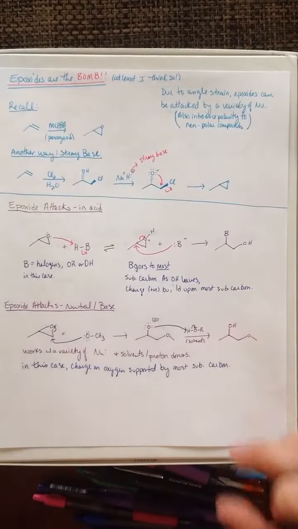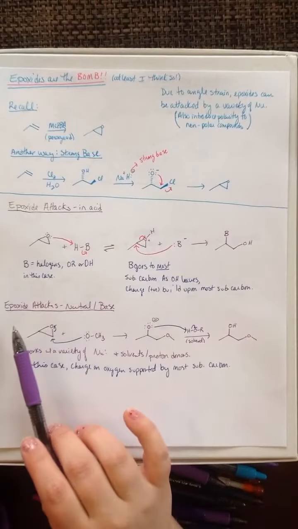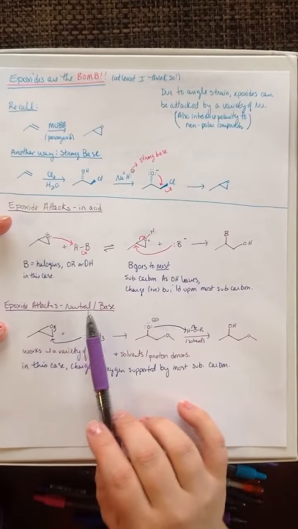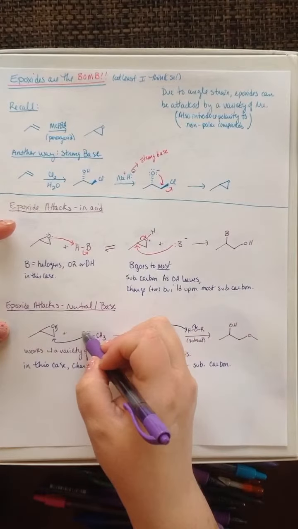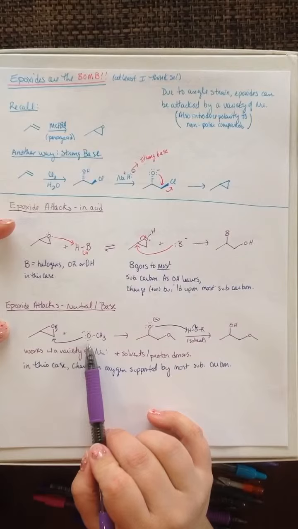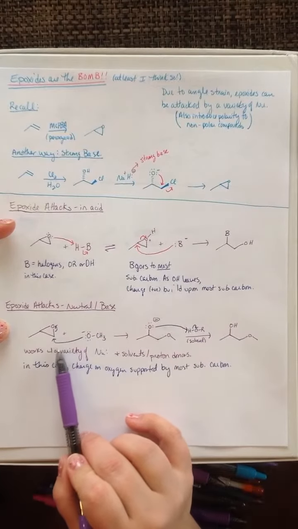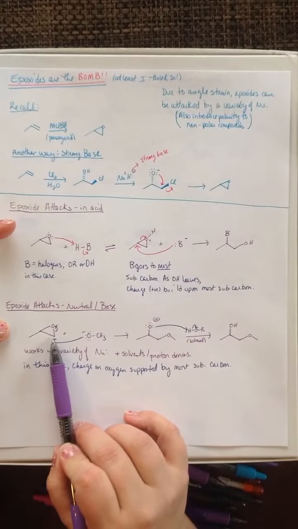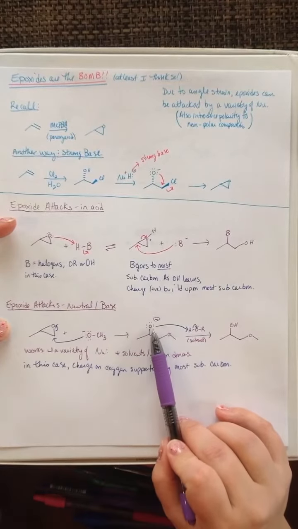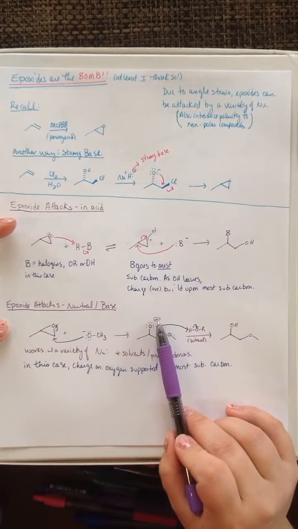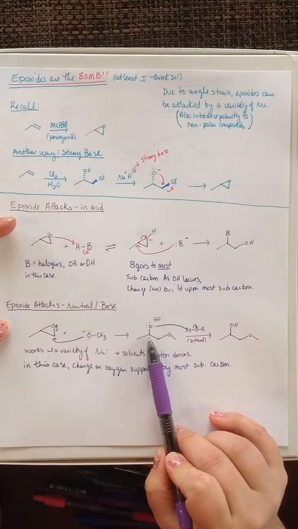Okay, in contrast, if you were to have an epoxide attack with a base type of molecule, in this case we've got a negative charge on this base, and he comes in and he's going to attack the least substituted carbon for kind of the same reason as we saw up here. Because when this guy leaves, that oxygen has got a negative charge to it.